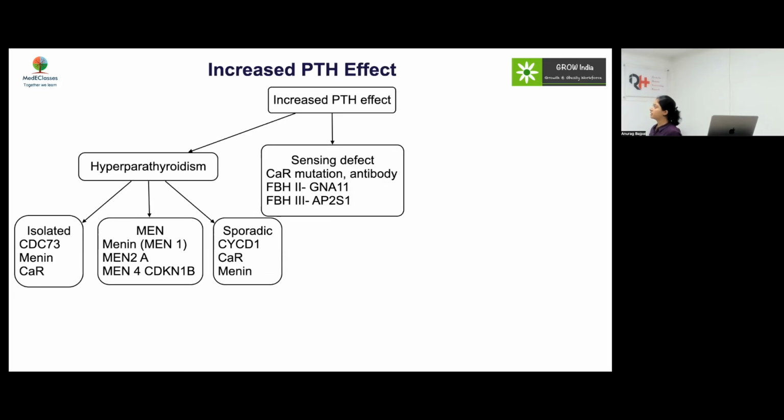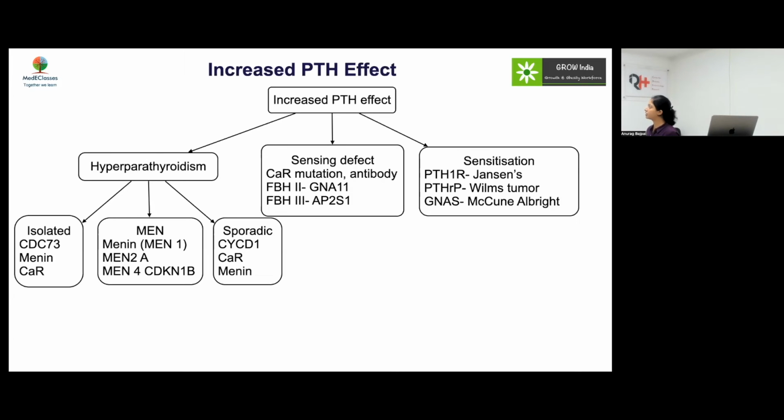Increased PTH effect can be because of a sensing defect, as seen with calcium sensing receptor mutation or antibodies to the calcium sensing receptor. It may also be seen with familial benign hypercalcemia, which may be because of different genetic causes. It is very important to identify this because even if you do a parathyroid surgery, as earlier people used to do, thinking okay, you have hyperparathyroidism, PTH is high and you've got high calcium, so remove the parathyroid.